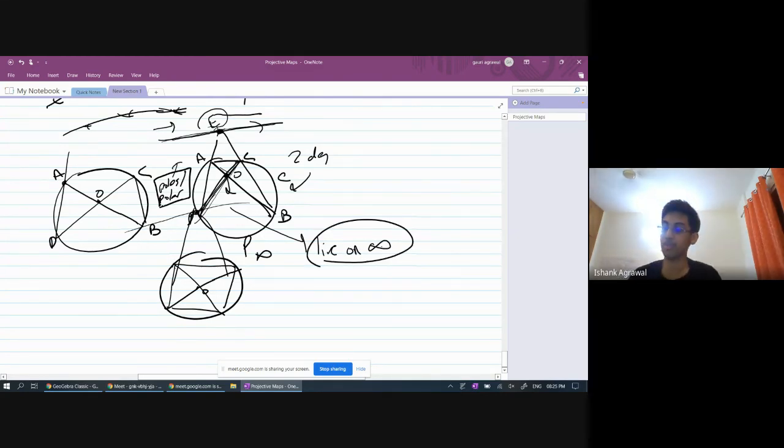And so basically whatever AB and CD you take, E will always lie on a fixed line that is the line at infinity. So when you go backwards, E would always lie on the pre-image of the line at infinity. Does that make sense?